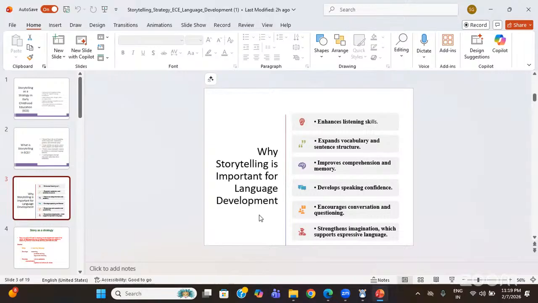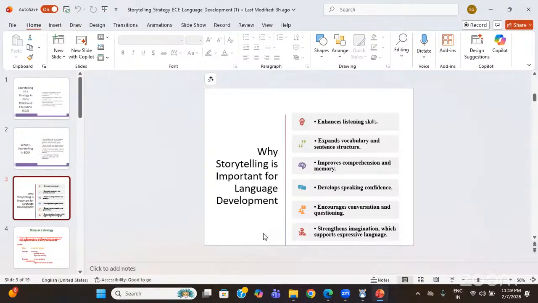So, what are the specific objectives of storytelling? It enhances listening skills. We are not just saying it enhances listening. Listening, you listen into one ear and it goes out the other ear, isn't it?